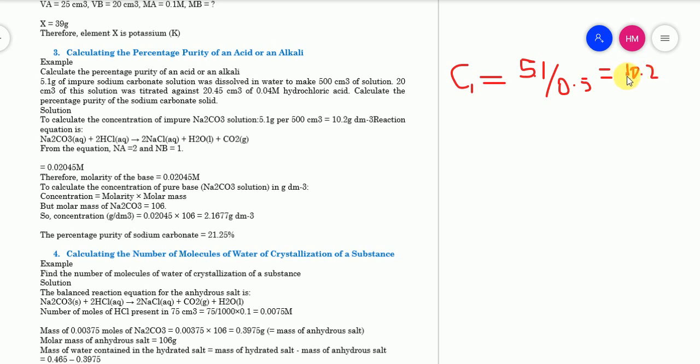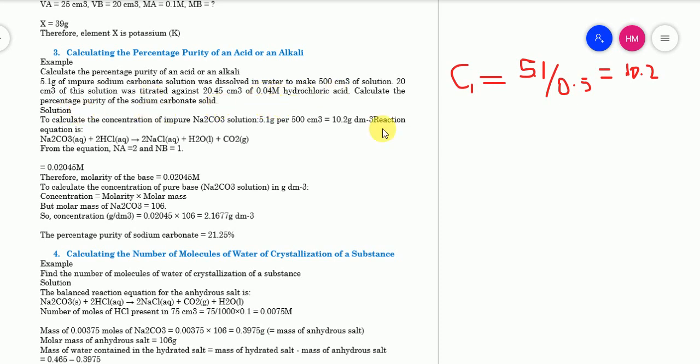So I hope up to here we are together. This is concentration impure. Tumechukua mass of impure then divided by its volume.